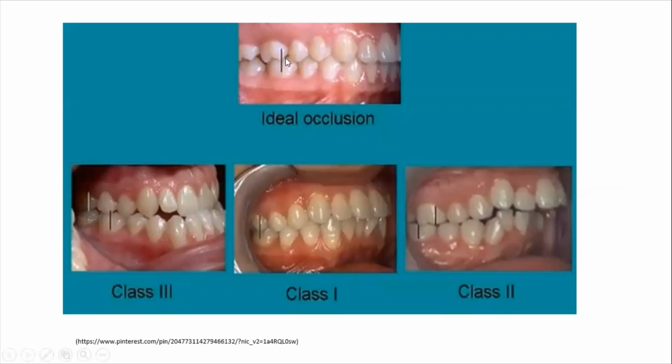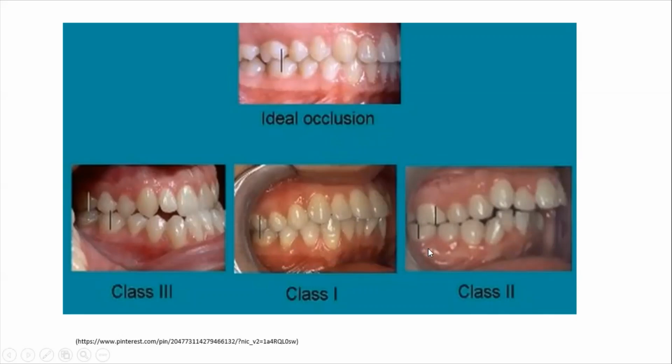Again, we've got the mesial buccal cusp of the maxillary first molar right in the mandibular groove of that mandibular first molar. We go right down to class 1. It looks exactly the same. The only difference is if you're moving anteriorly, you've got a little bit of crowding going on here, but those molars are lining up, and therefore we're going to call it class 1.